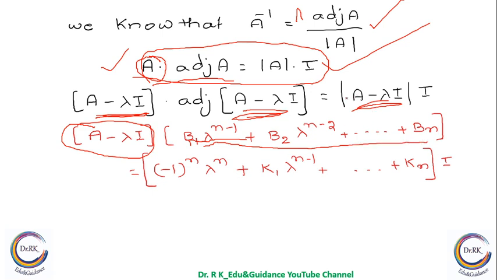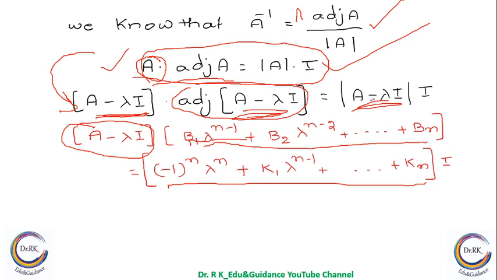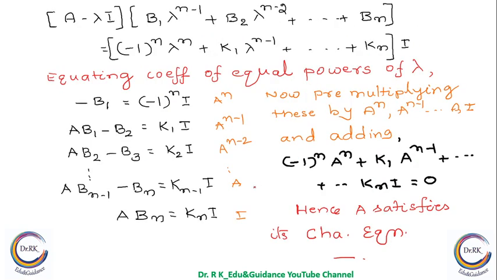And the det of A minus lambda I is nothing but the characteristic polynomial, a polynomial of order n, as we just discussed. So in this relation for the matrix A minus lambda I, we replace the adjoint of A minus lambda I by a matrix polynomial, and the det of A minus lambda I by its corresponding polynomial. So this is what we have. Now what we do is we equate coefficients of equal powers of lambda.